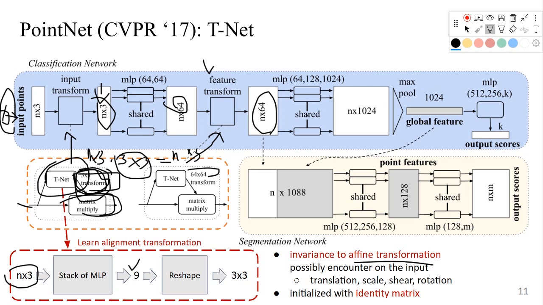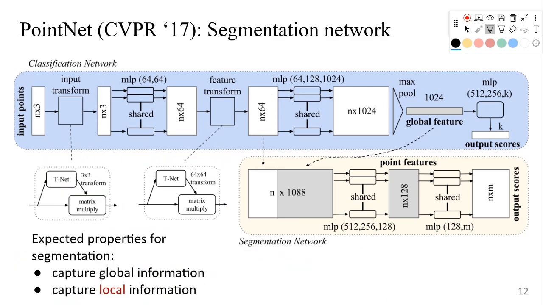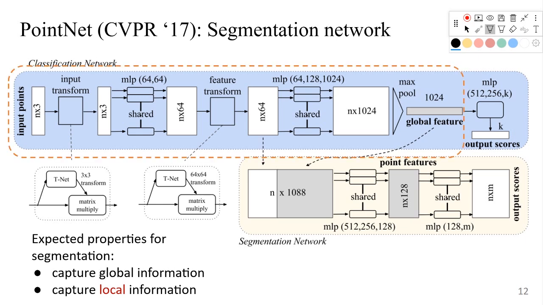Okay, then let's discuss another topic, which is how we can achieve the segmentation task using PointNet. We already discussed before that we can extract the global features by using this pipeline, and finally we will have global features that are permutation invariant.